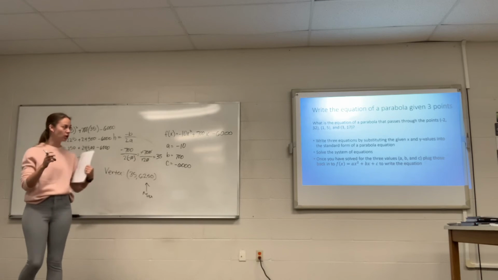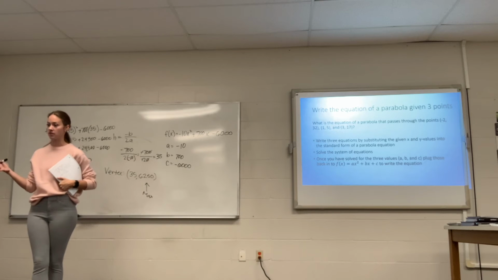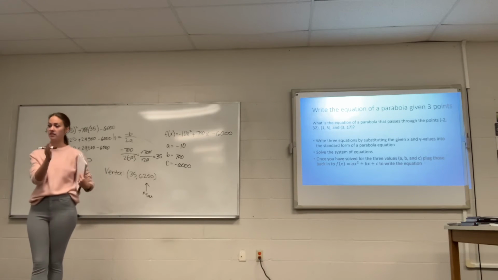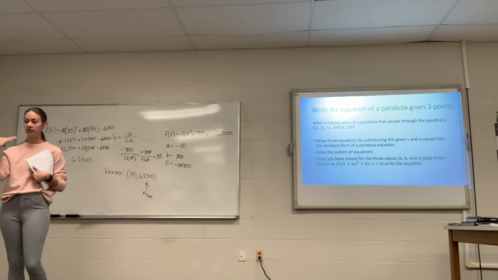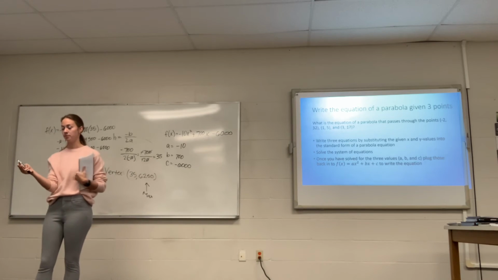So I'm going to start with y equals ax squared plus bx plus c, and plug the y and the x into those equations. Then I'll have 3 equations that have a, b, and c in them.